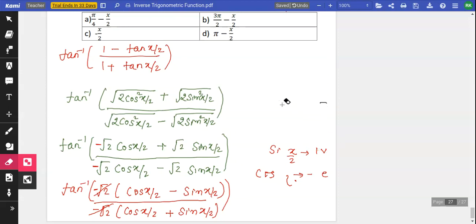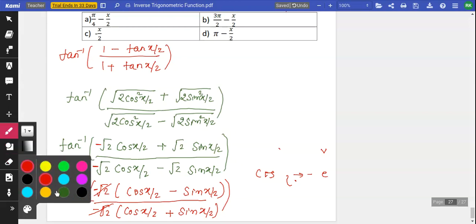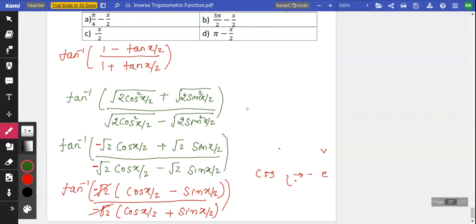Basically 1 minus tan x by 2 upon 1 plus tan x by 2 is equal to tan of pi by 4 minus x by 2.